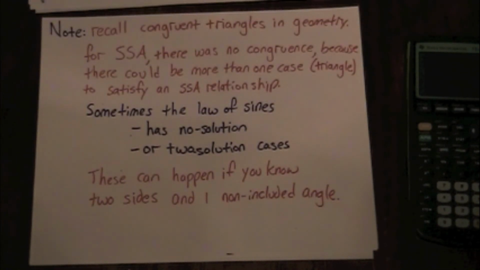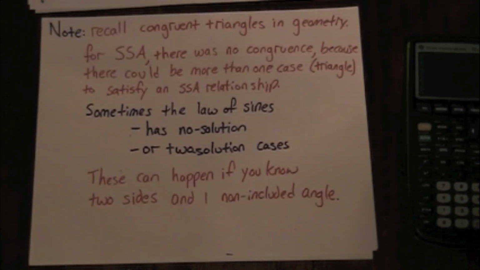Sometimes the law of sines is not going to work quite the way you want it to. I'd like you to remember back in geometry when you were studying triangle congruence and one of the cases didn't work. You had AAS, ASA, SAS, SSS, and then you had the right triangle theorems. The problem was when you had two sides and the non-included angle.